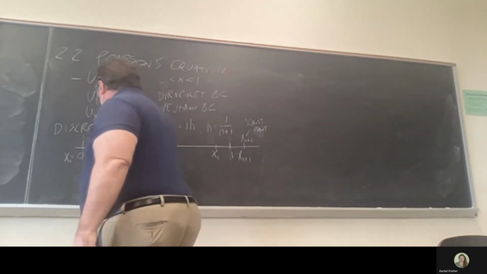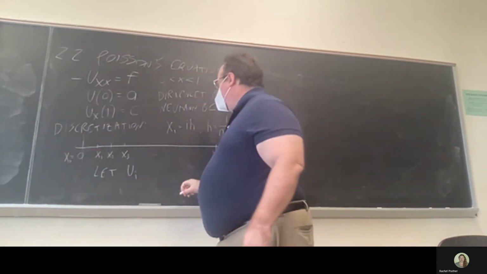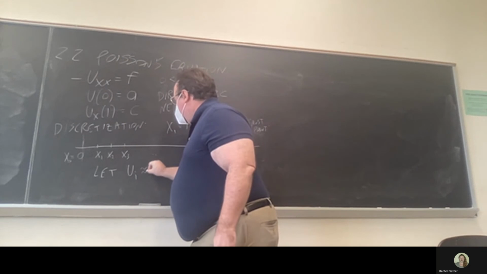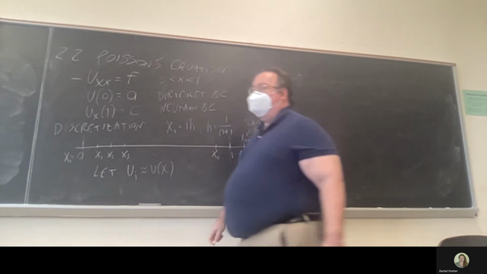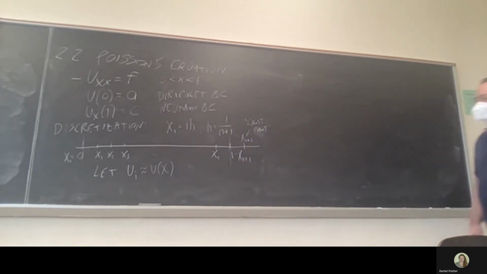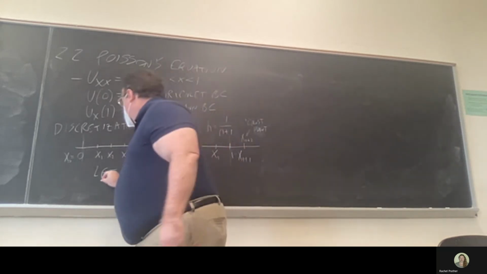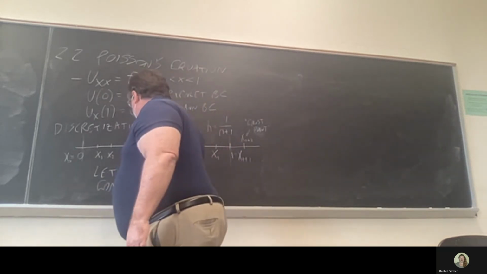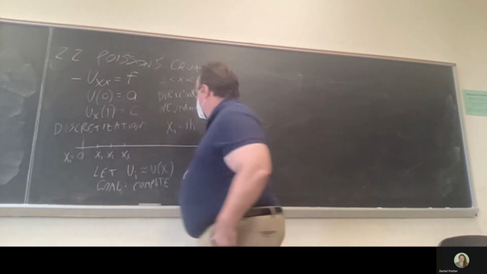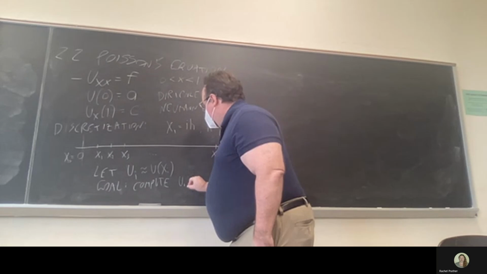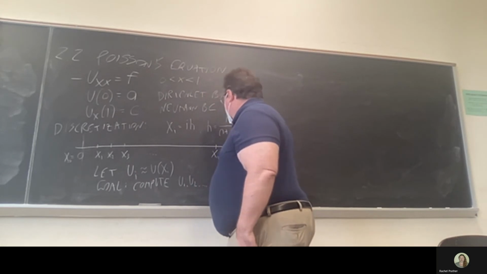And then I'm going to define U_i to be our approximation to the exact solution at x_i. So just a notational convenience. Our goal is to compute U_1, U_2, and so on, up to U_{n+1}.